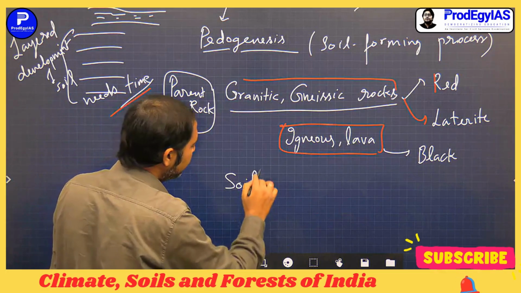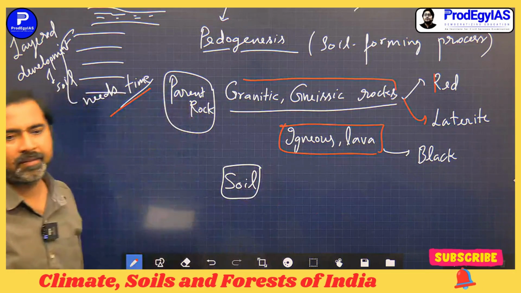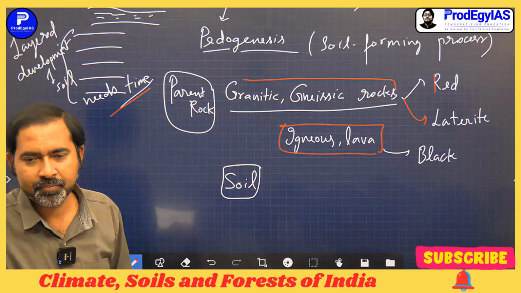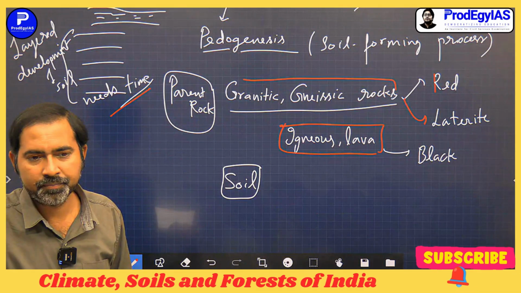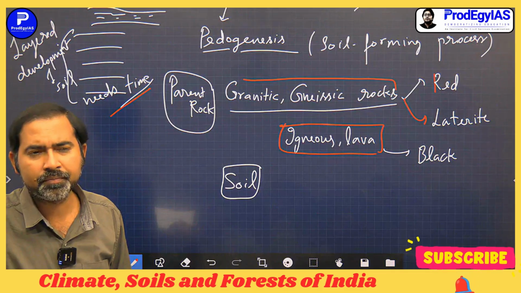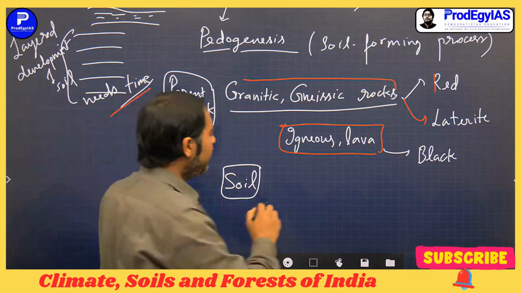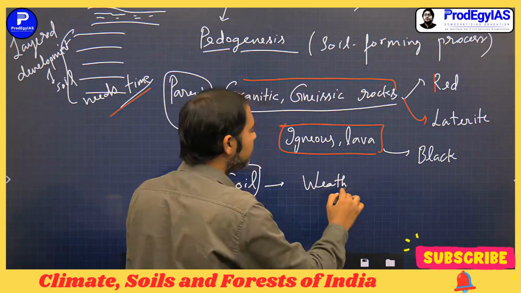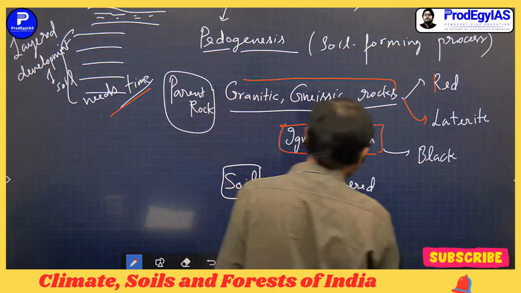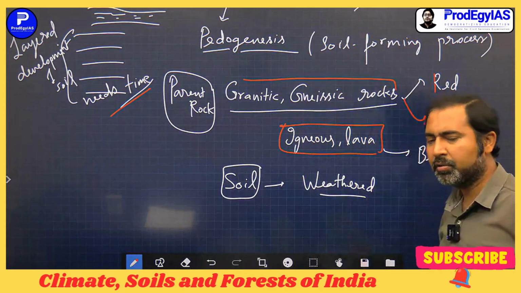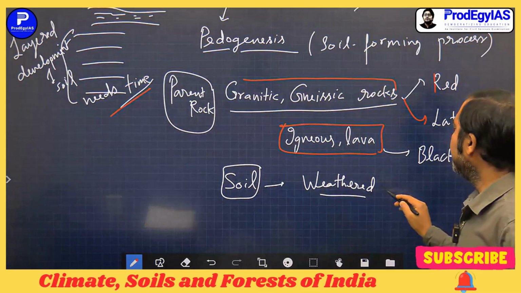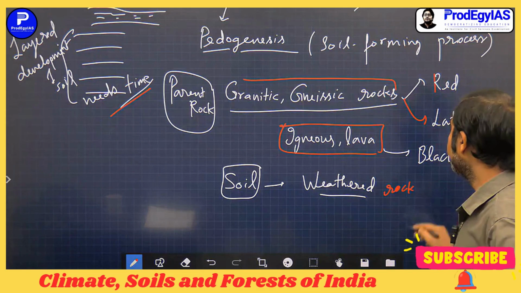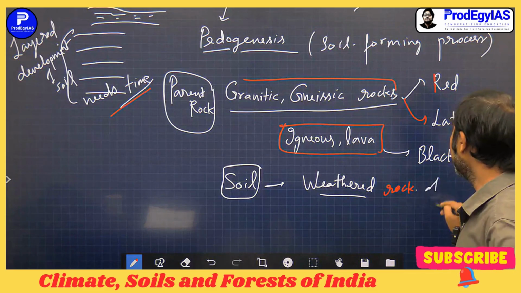What is soil? Simplest definition of soil? It is eroded material of rock. Yeah, you can say that soil is the weathered rock material. Basically, it is weathered, eroded also, but it is the weathered rock material.